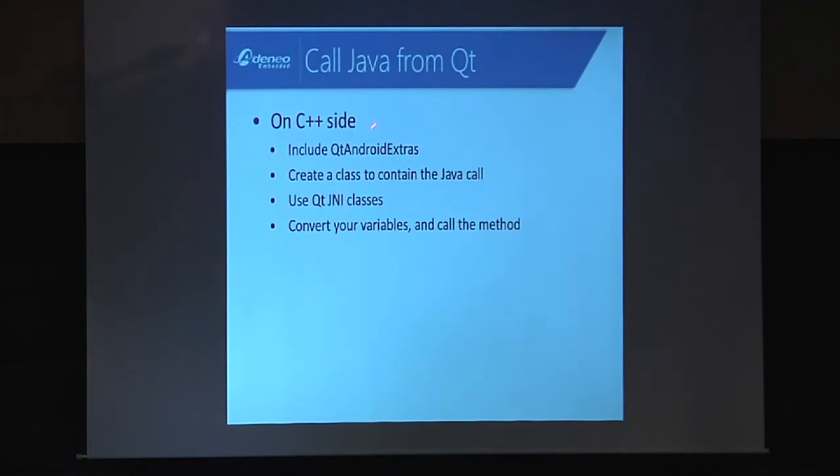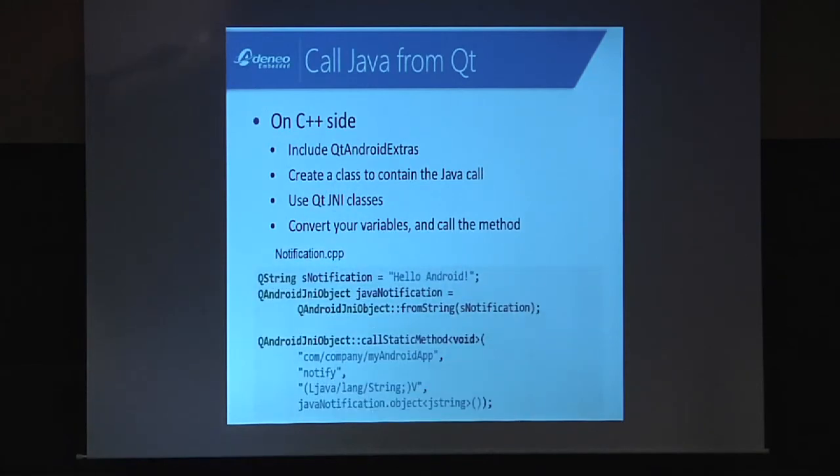So we are on the C++ side of our application. We include that element into our application. We create a class that will contain some code we want to write to Java, and we will use Qt JNI classes. So here it is, not very readable, but that's okay. The goal here is to create an Android notification in your application.